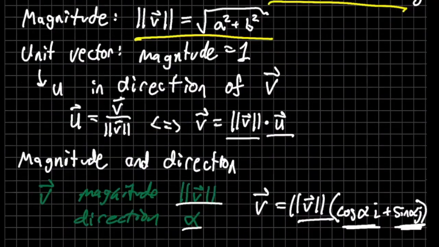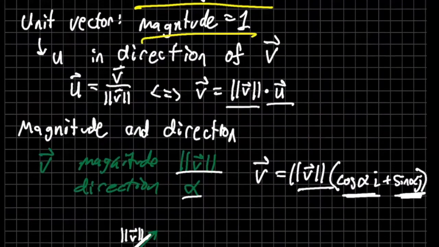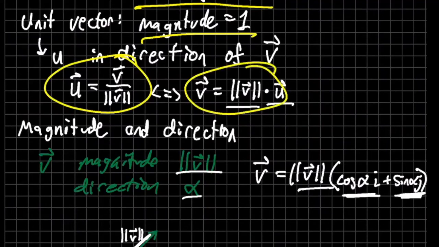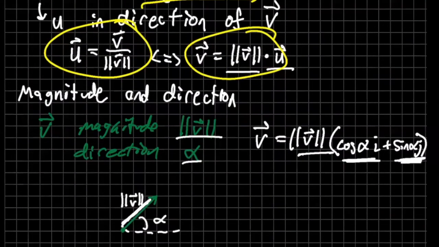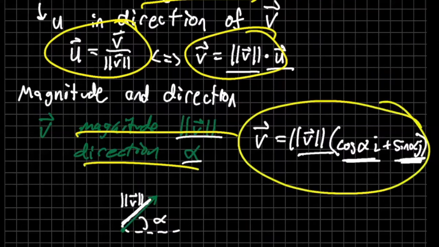The unit vector has a magnitude of 1. We can use this equation to find the unit vector in the direction of v. We can also write v in terms of the direction the unit vector is going in and its magnitude. Finally, we can write a vector in terms of magnitude and direction by using this equation here, magnitude times cosine alpha i plus sine alpha j.